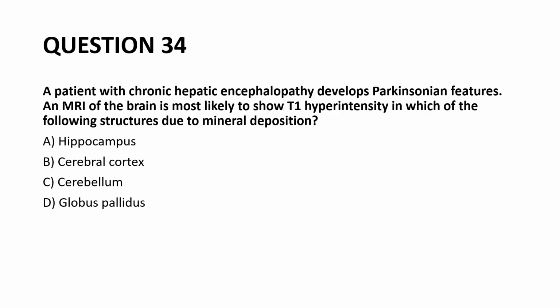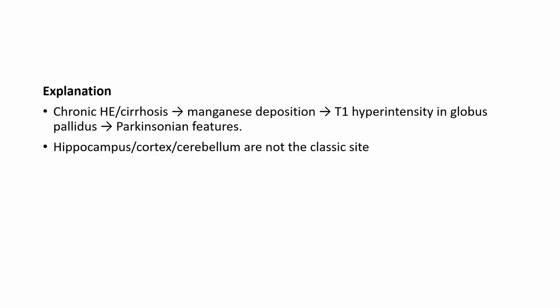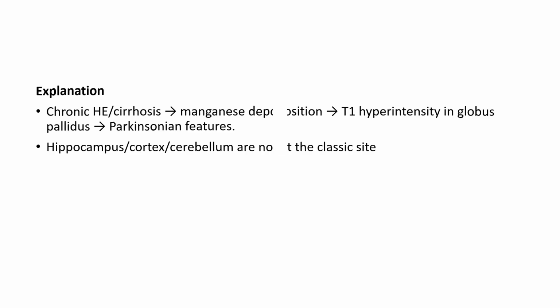Correct option is globus pallidus. In chronic hepatic encephalopathy, manganese deposition occurs in the basal ganglia. The MRI shows T1 hyperintensity in the globus pallidus. Clinically, patients develop Parkinsonian features such as tremor, rigidity, and bradykinesia.